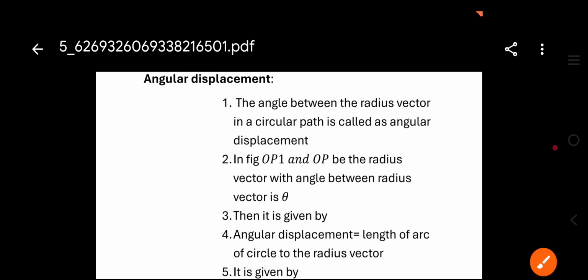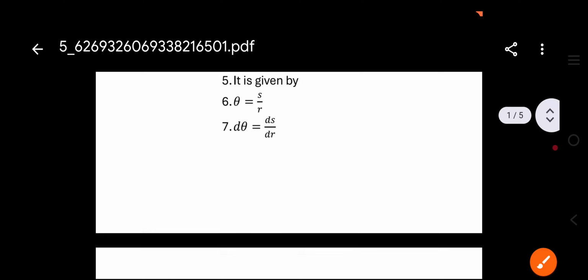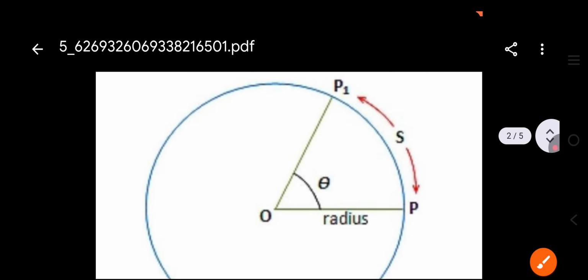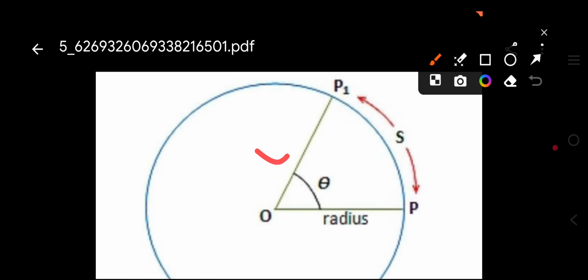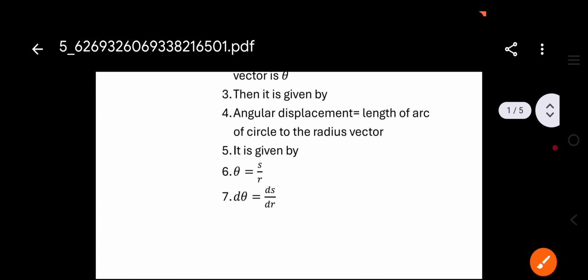In the figure, the point 2 is OP1 and OP, the radius vectors, with the angle between the radius vectors being theta. Then we can see the diagram. OP1 and OP are the radii of the two circles, and theta is the angle between them, and theta is called angular displacement.